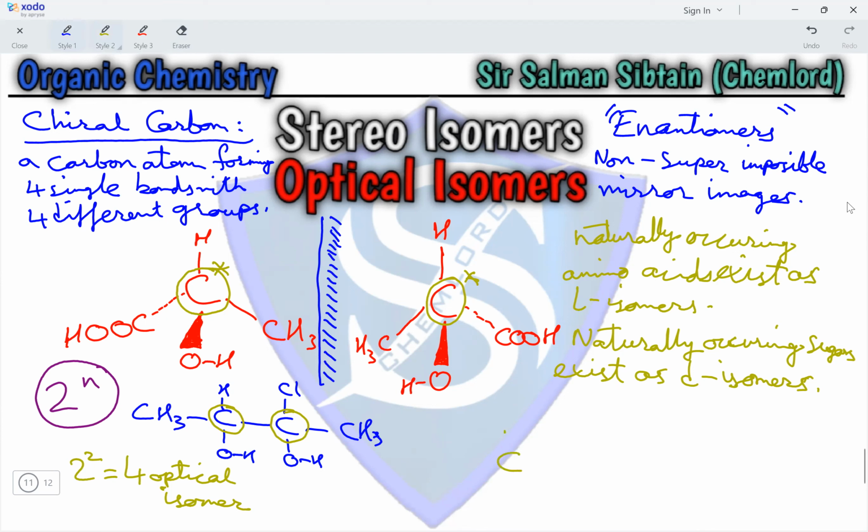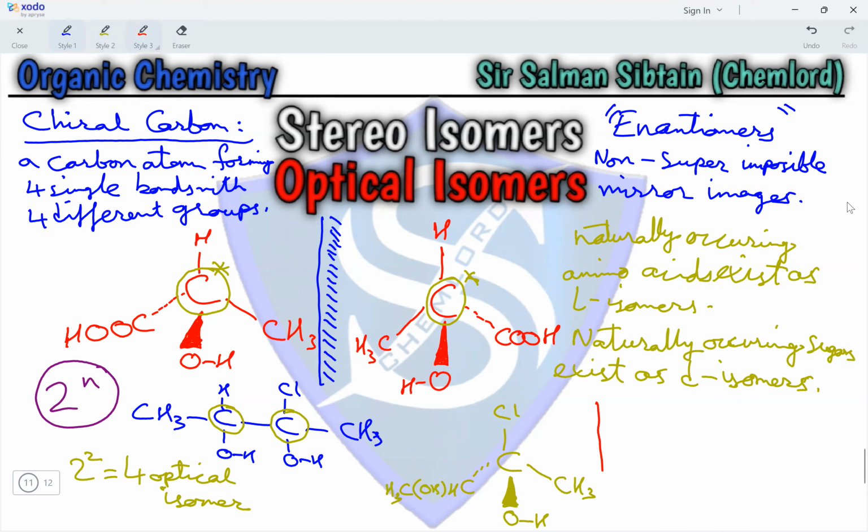So the first one would have a Cl on the top, the OH group on the bottom, the CH3 group on the right, and the CHOH CH3 group on the left.